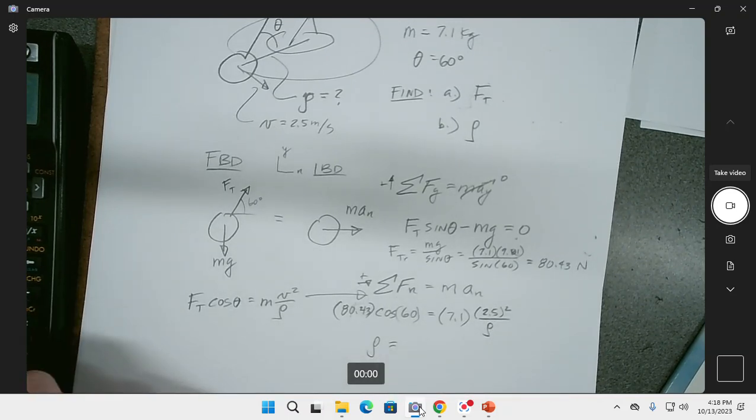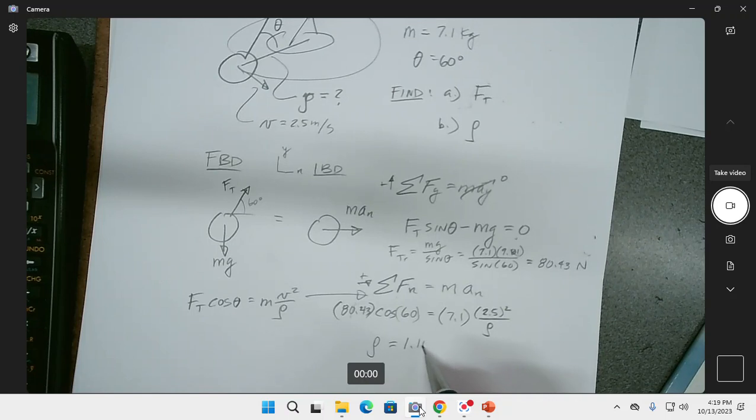So times 60, cosine should be 0.5, right? 7.1 divided, 2.5 squared, and divided. We'll get the inverse back. Yeah.